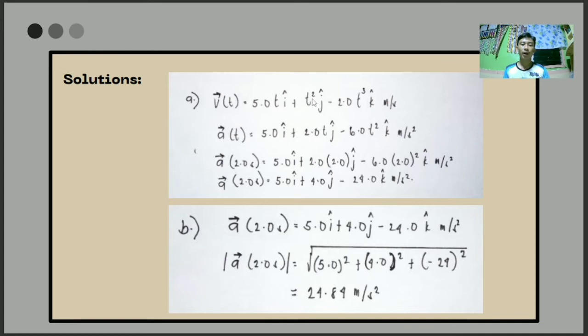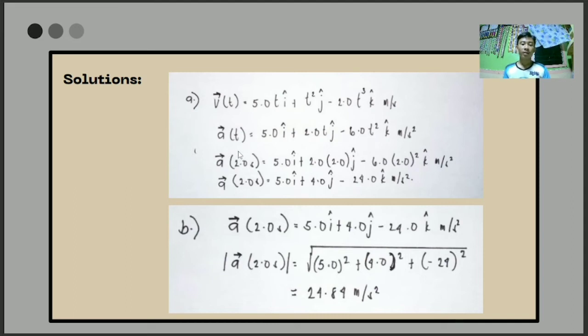The derivative of t squared is 2t, and the derivative of negative 2t cubed is negative 6t squared k hat. So our acceleration vector a of t is equal to 5 i hat plus 2t j hat minus 6t squared k hat meters per second squared.